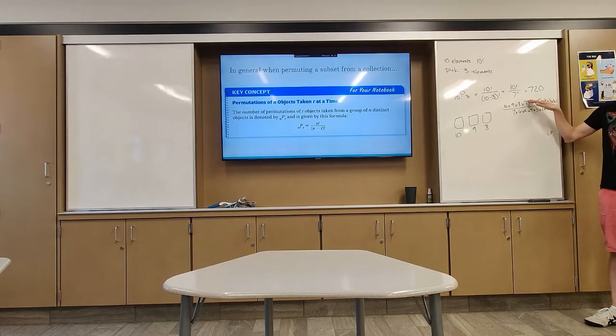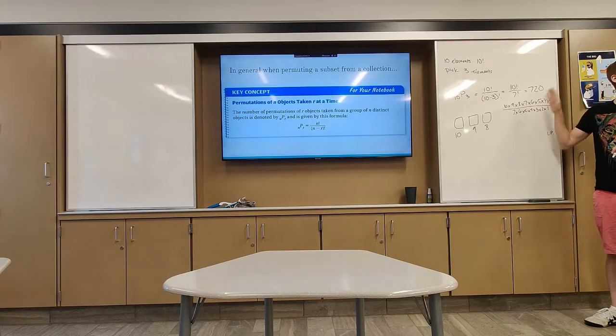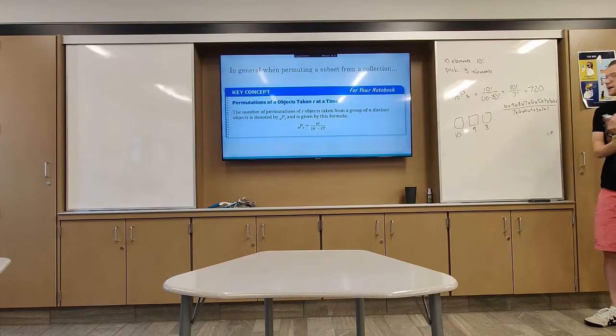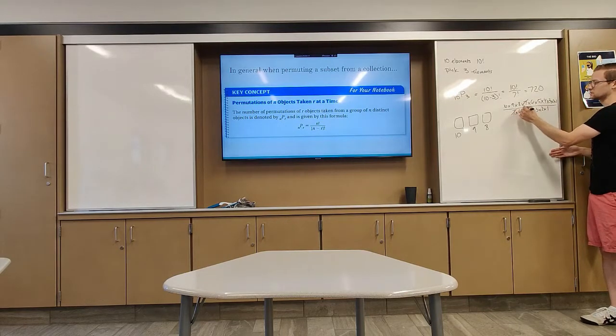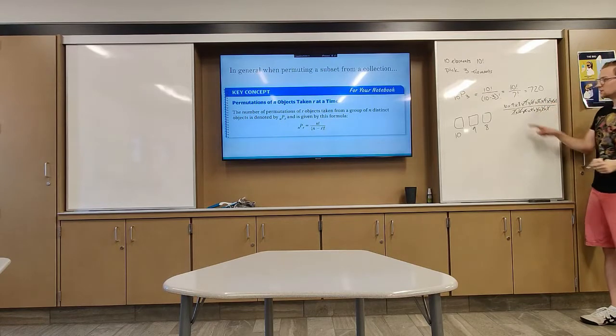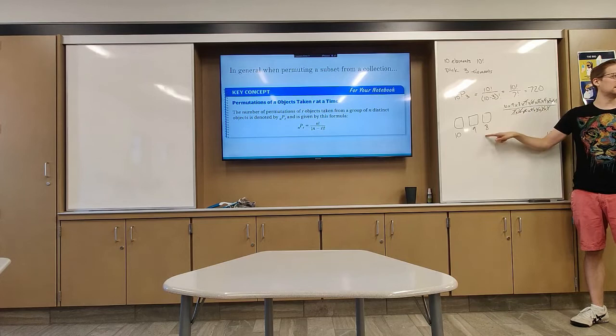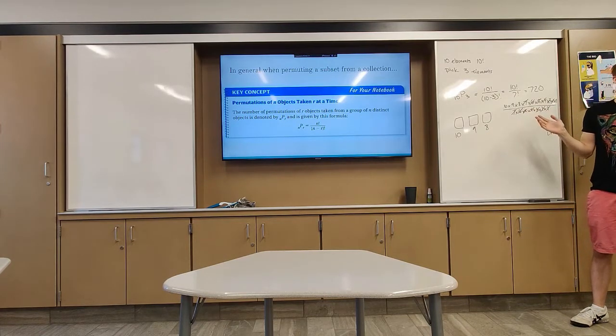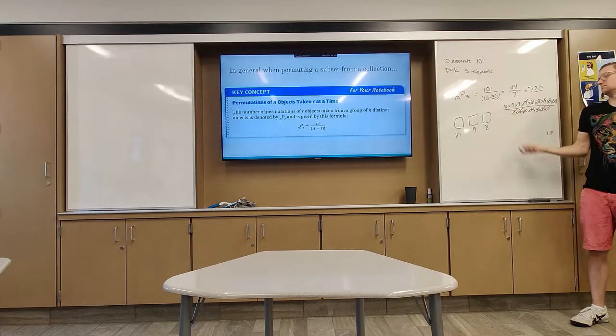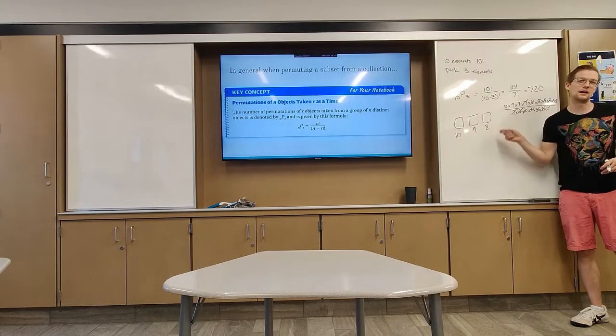So I have a bunch of multiplications on the top and a bunch on the bottom. If I have the same number on the top and on the bottom, I can cancel it out. What remains is 10 times 9 times 8, the same thing, but this formula means you don't have to write it out.